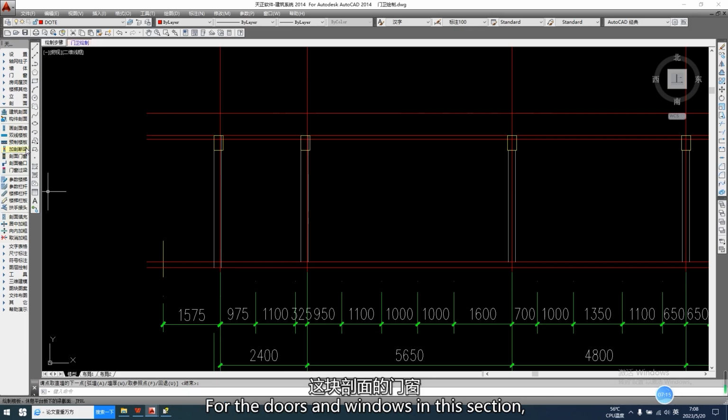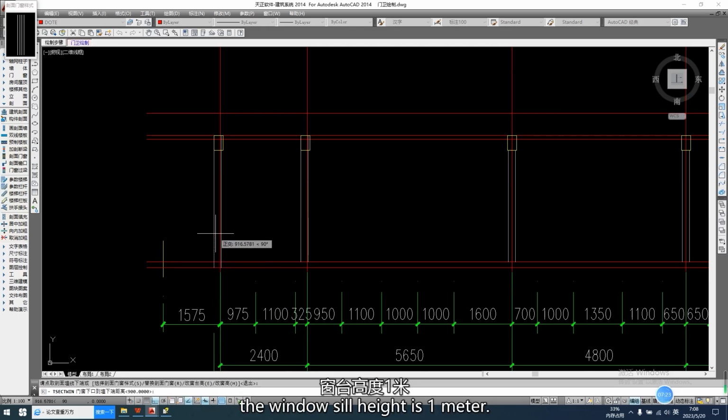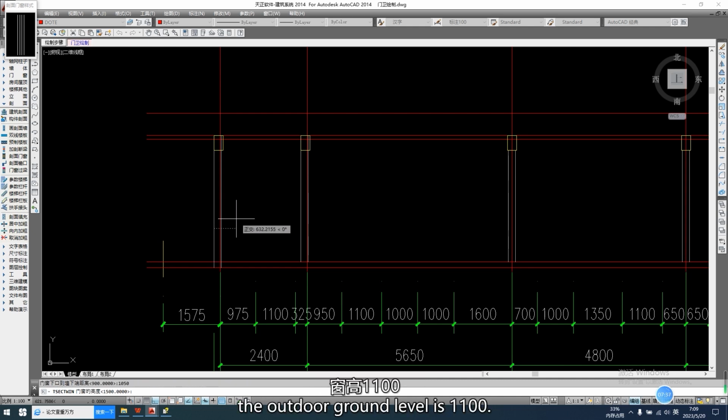For the doors and windows in this section, the windowsill height is 1 meter. Considering the indoor-outdoor height difference, it is 1050 in total. The window height from the outdoor ground level is 1100.